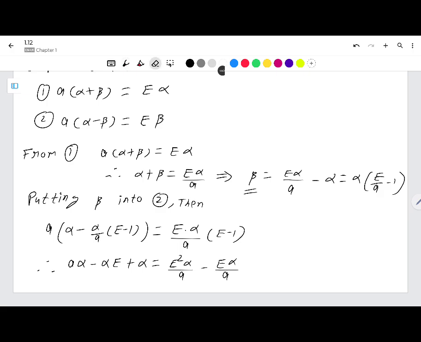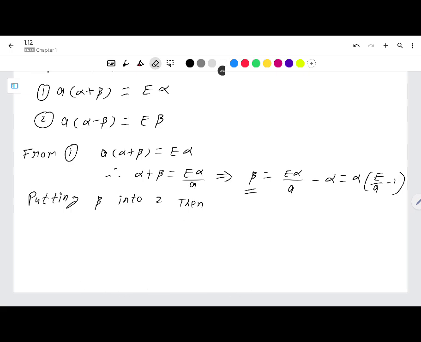Right? And if we plug this back into equation 2, there is A(alpha minus beta), which equals E times beta, which is E alpha by A times (E by A minus 1). Okay, seems fair.